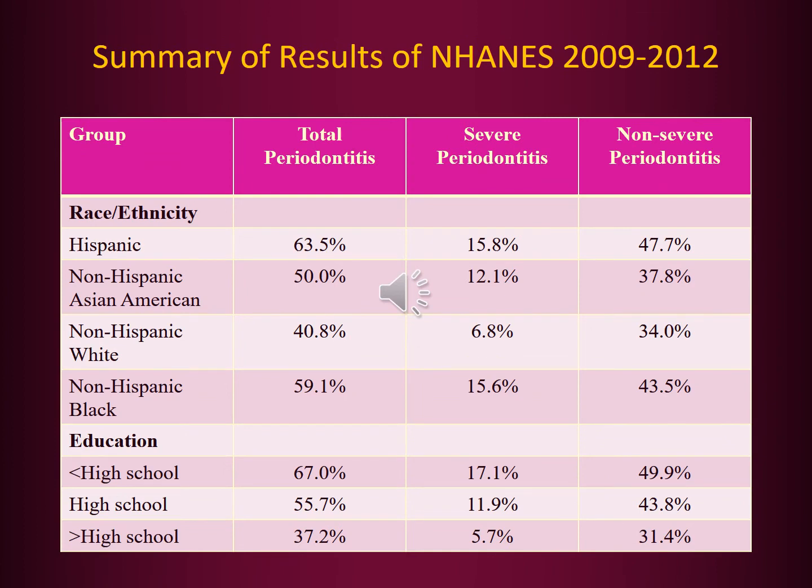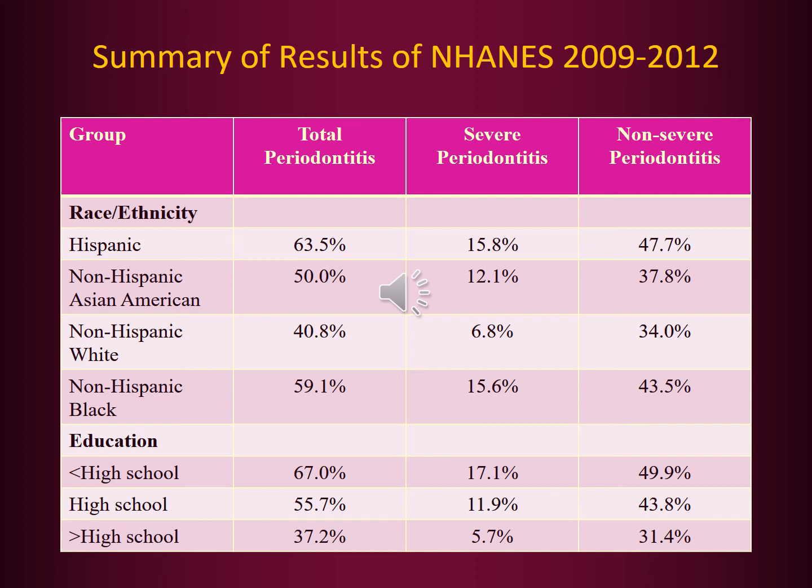This slide is the continuation of the summary of results showing racial and ethnic groups as well as education. One can see that for total periodontitis amongst racial groups, the Hispanics have a higher prevalence of periodontal disease at 63.5% versus non-Hispanic Asian Americans.